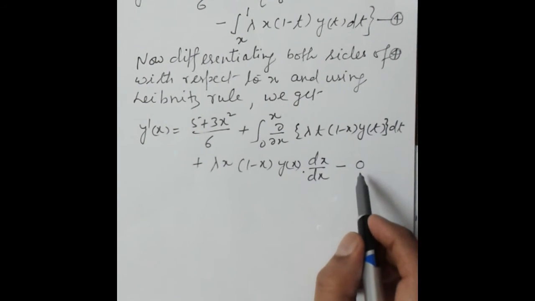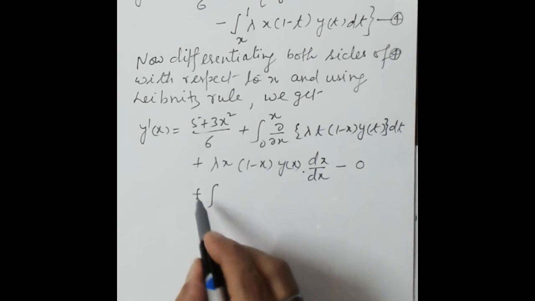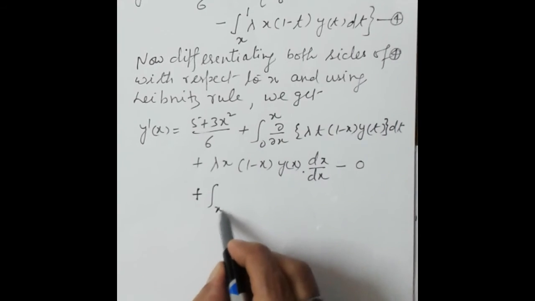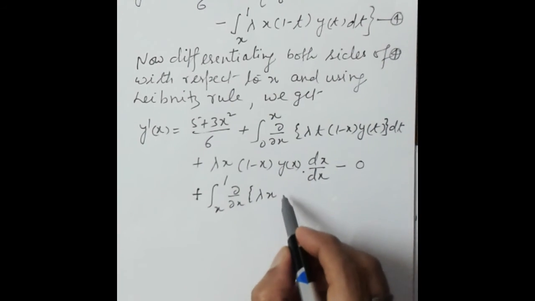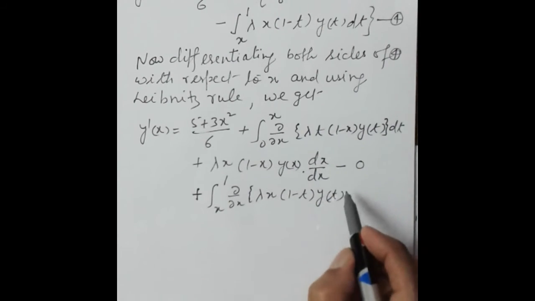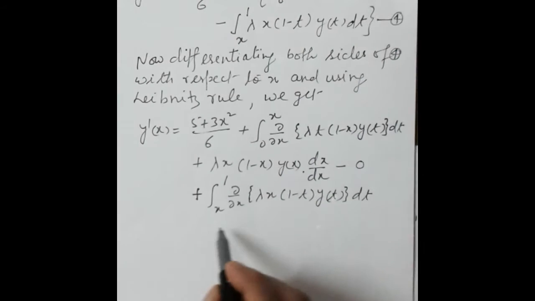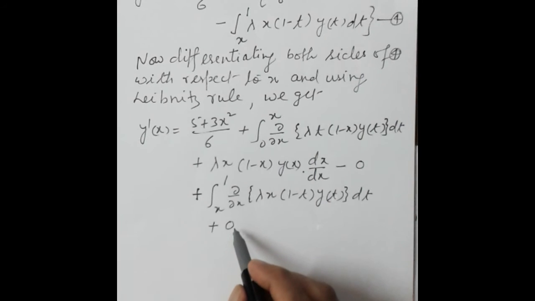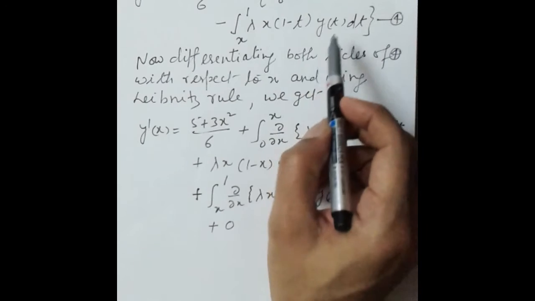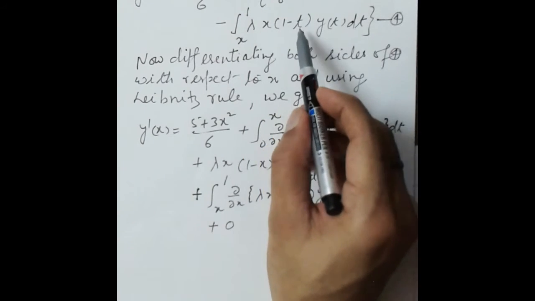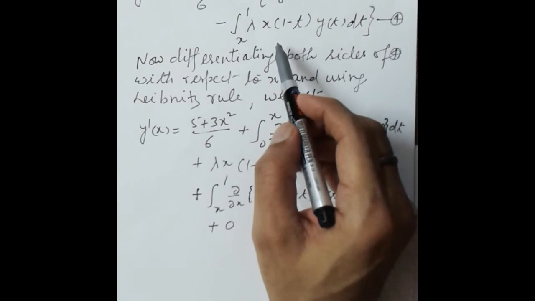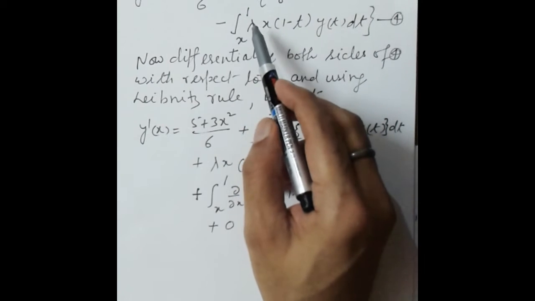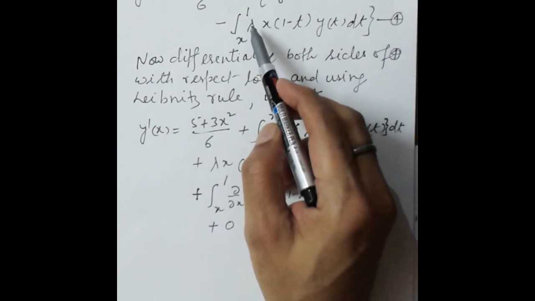So here we have minus 0 plus the integral from x to 1, the partial derivative of integrand with respect to x dt plus 0, because the value of integrand at the upper limit is 1 minus 1, and the derivative of upper limit with respect to x, the derivative of 1 with respect to x, equal to 0.